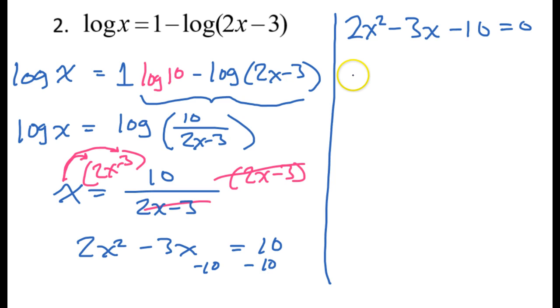Now maybe this is factorable. I'm not sure yet, but let's try. If it is factorable, 2x squared can only be 2x times x. Now 10, that's either 2 times 5 or 10 times 1. Let's start with 2 times 5.